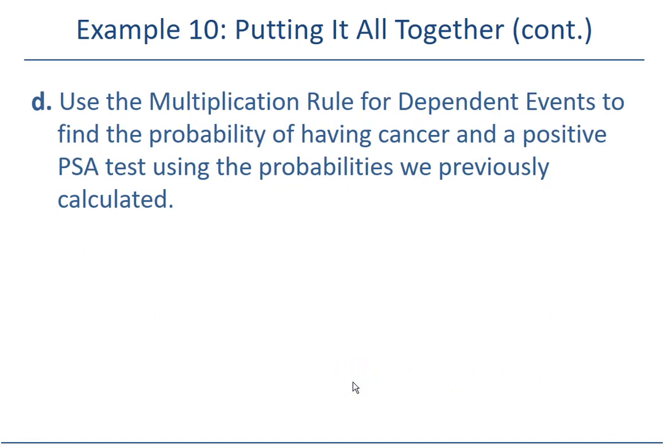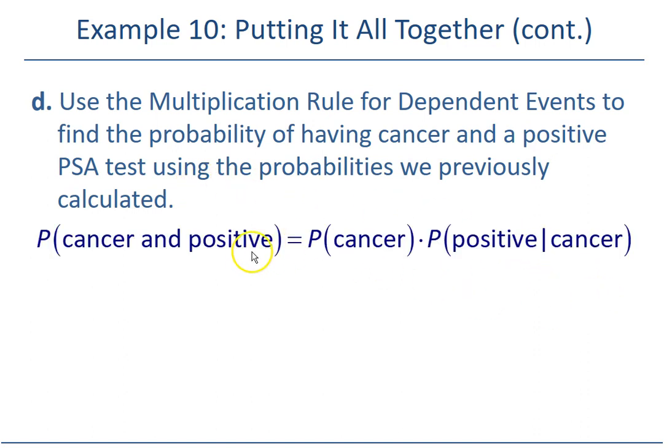Now, for letter D, again, we'd have to go back to your notes and use the multiplication rule for dependent events to find the probability of having cancer and a positive PSA test. And this would be the layout of our value. And it would be positive given they have cancer.